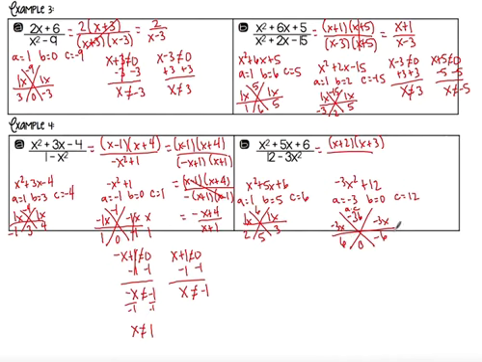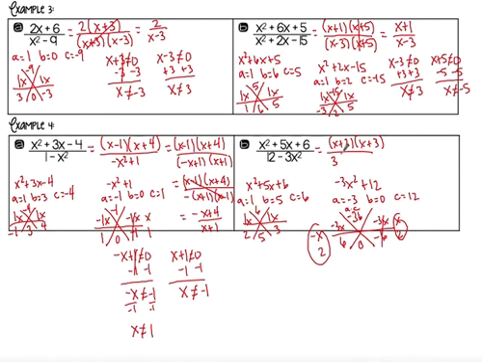Both of these sides are going to be divisible by 3. So that's going to give me negative x over 2 and x over 2. But I need to make sure that I keep that 3 out front.